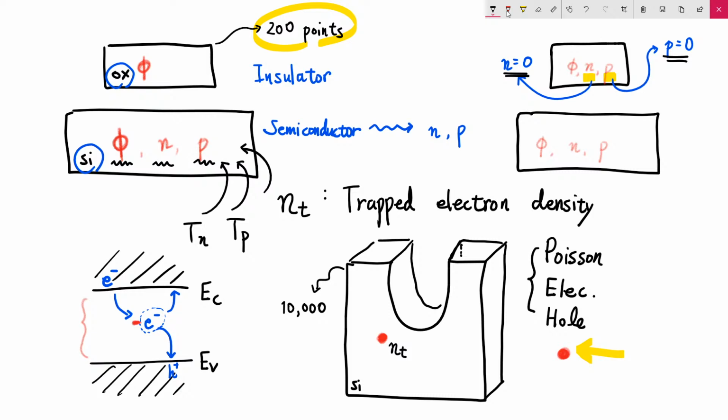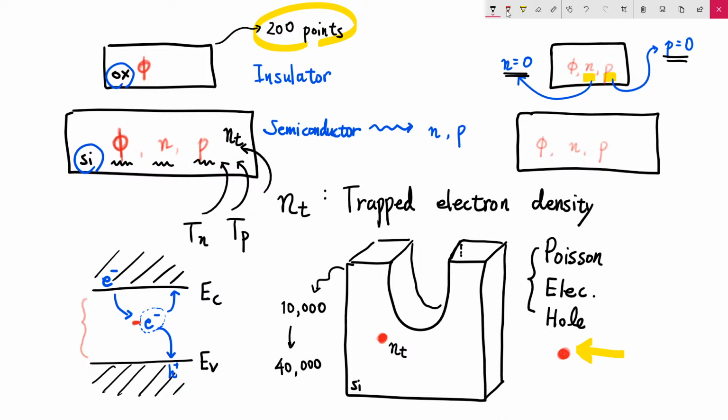Like NT, then we will have just 40,000 unknown variables. Is it really necessary to introduce 10,000 more unknown variables?